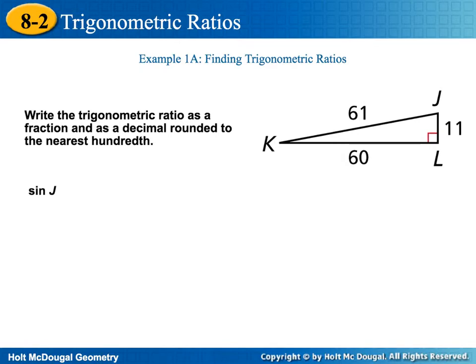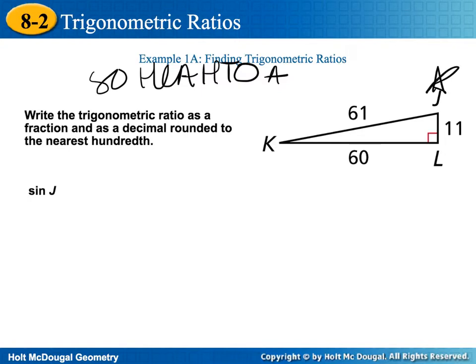So I want sine of J. What I have to do first is write down SOHCAHTOA, and then I go to J. Since I'm doing sine of J, sine is opposite over hypotenuse.